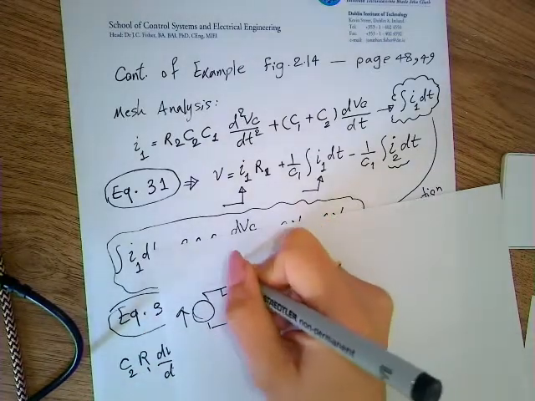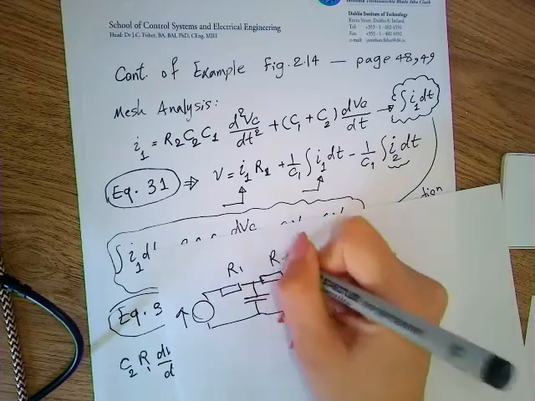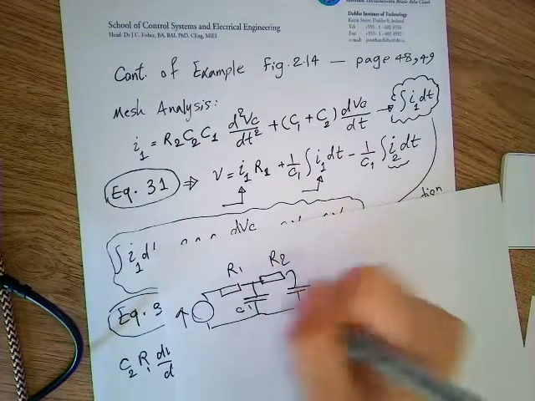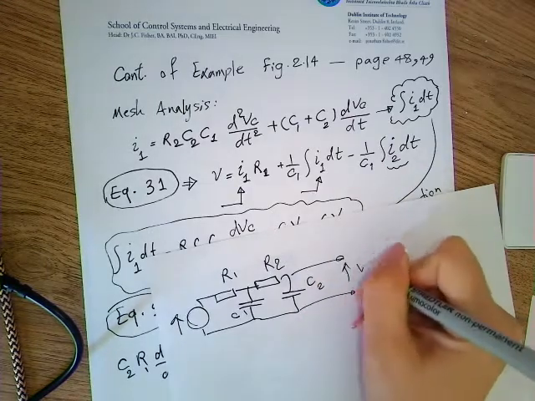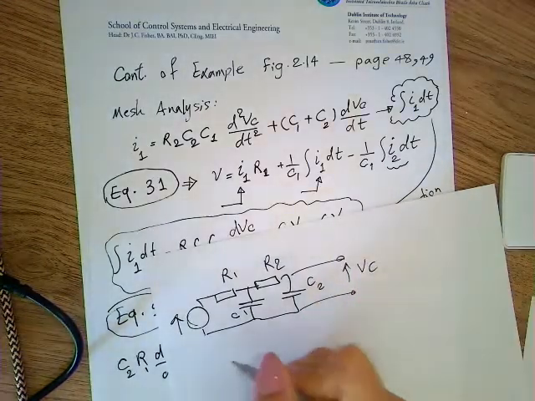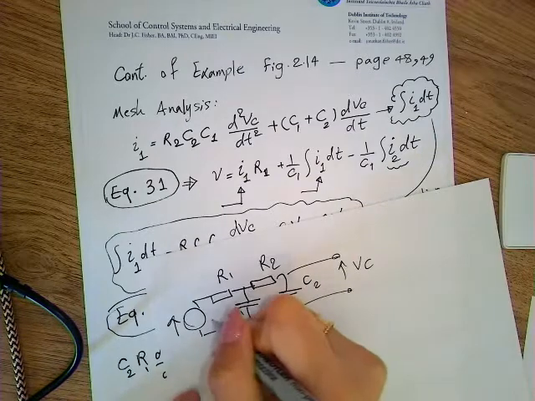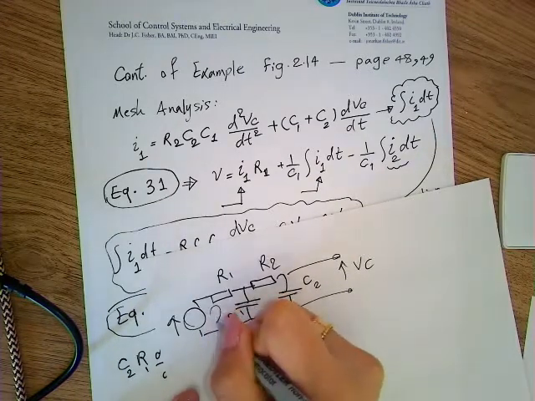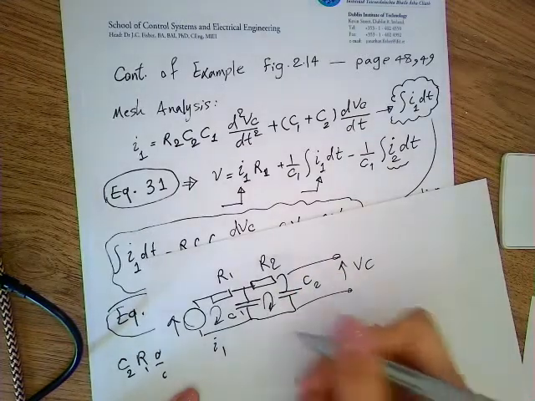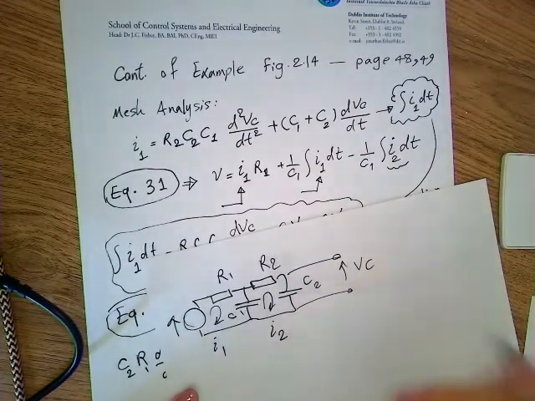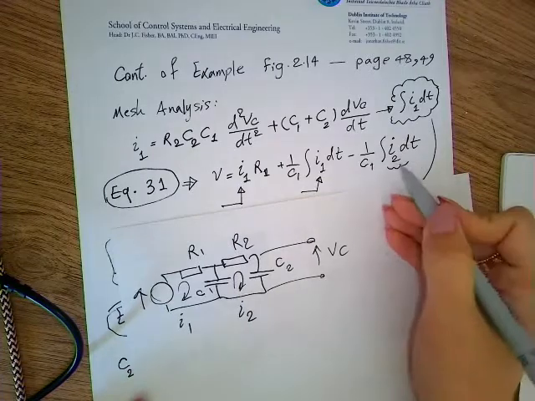Okay, so this guy here was R1, R2, C1 and C2, and my output is this guy here. Now for the mesh, we are saying here we have on the first loop I have I1 flowing and my second loop is I2. Now what we need here is I2.